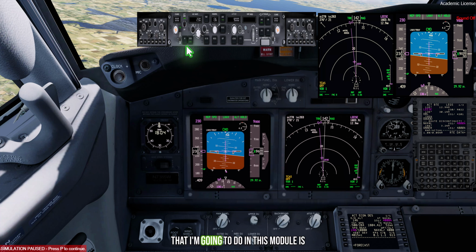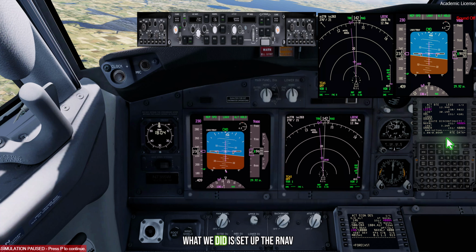One of the things that I'm going to do in this module is to change the approach. When we started the descent and arrival, we set up, whether we were advised to do that or we took the initiative on our own for this particular arrival, to land over on the right complex in Orlando.